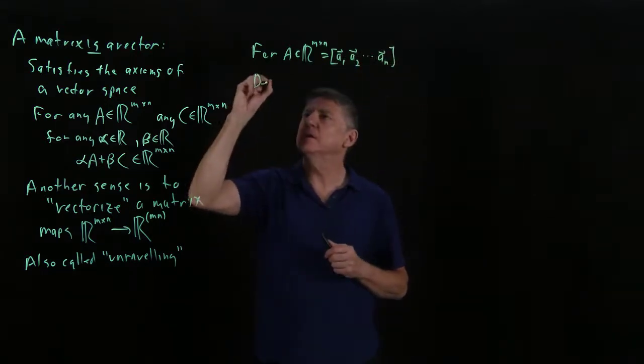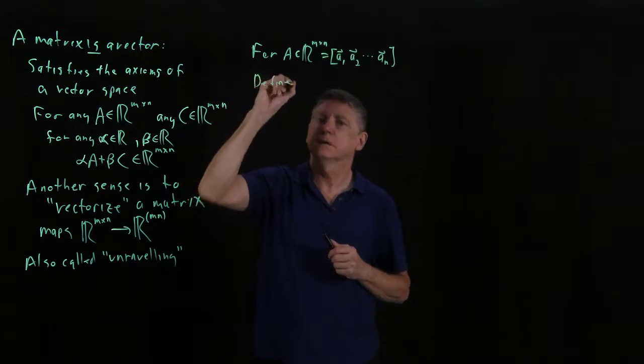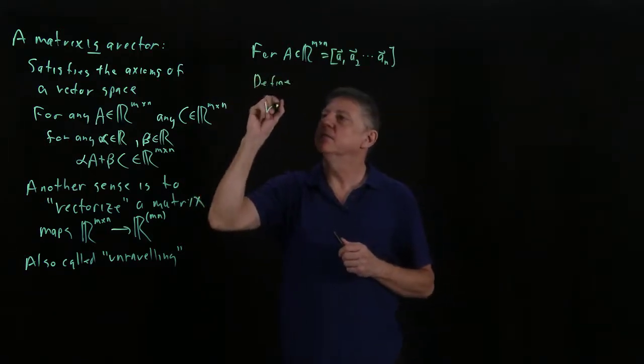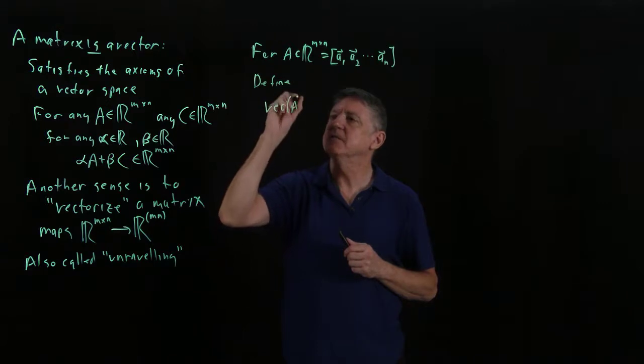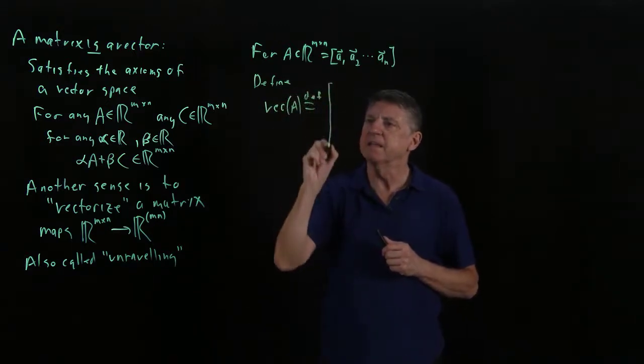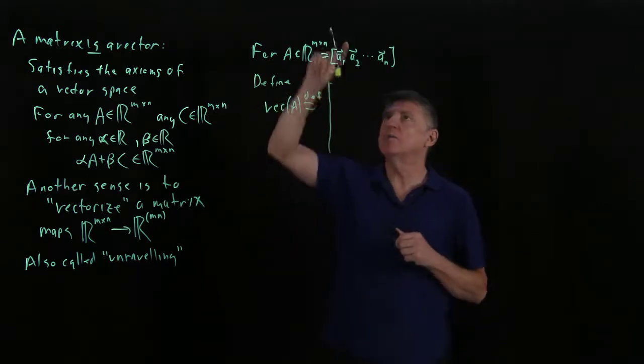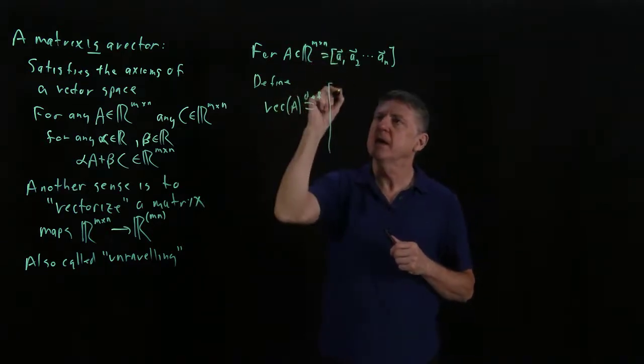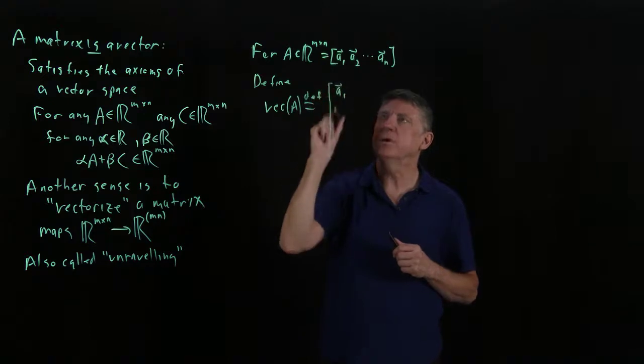We'll define the vectorization of A to be the vector where we unravel the first column, starting by putting A1 there.